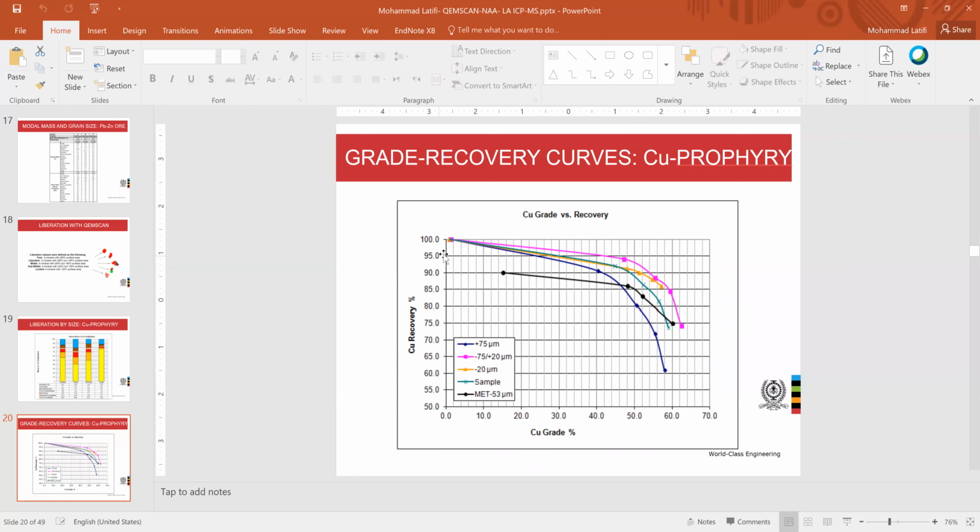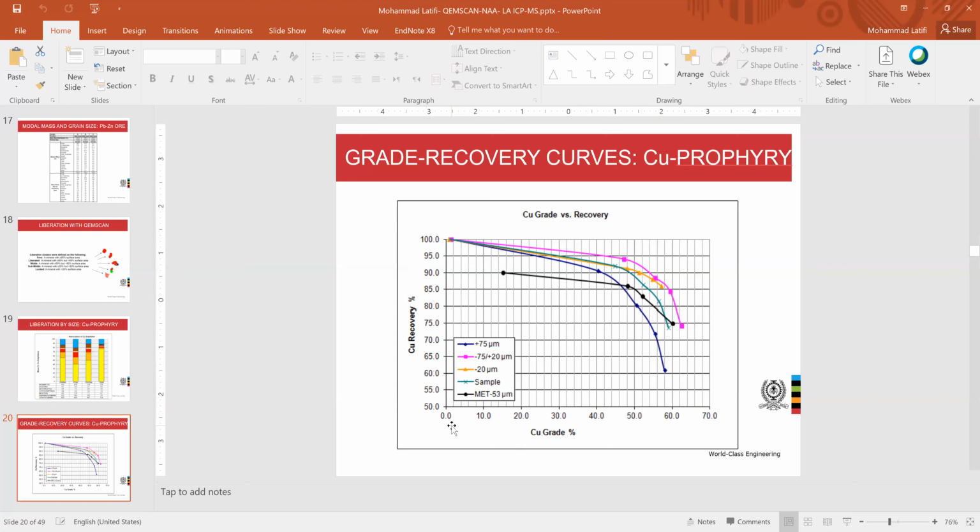But if you want to have higher grade, higher purity, let's say, for example, 60%, and if you work with these larger particles, your recovery will be just a little bit above 60. And if you want to have very high recovery, like 100% recovery, your grade is almost useless, just 2% maybe.